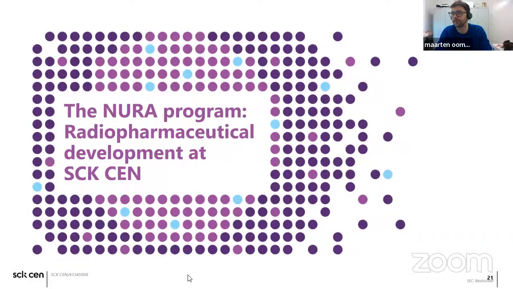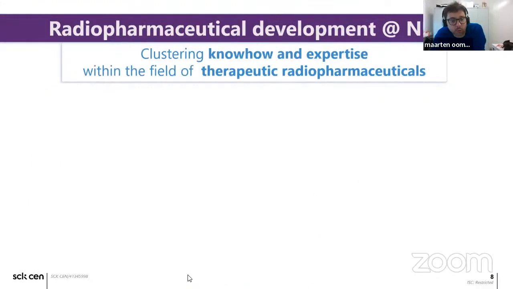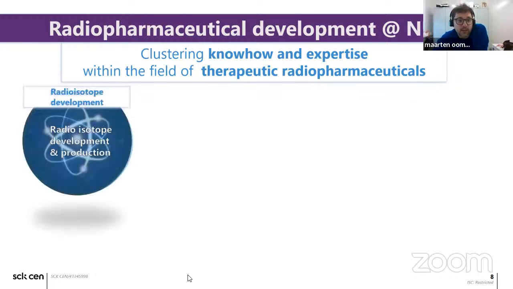Within the NURA program, that's the name for our medical nuclear medicine research, we're actually focusing on therapeutic radiopharmaceuticals. So we're trying to bring know-how to all fields of therapeutic radiopharmaceuticals, and that includes, of course, the isotope.